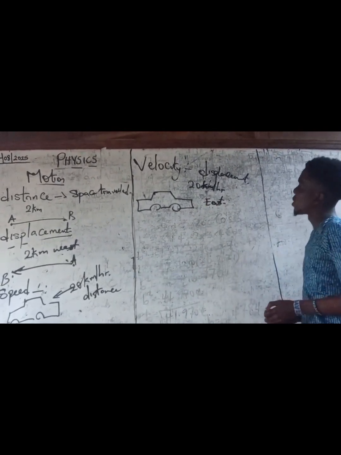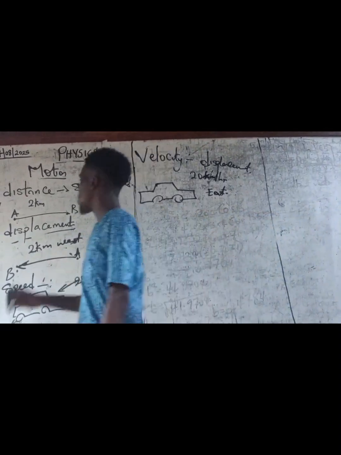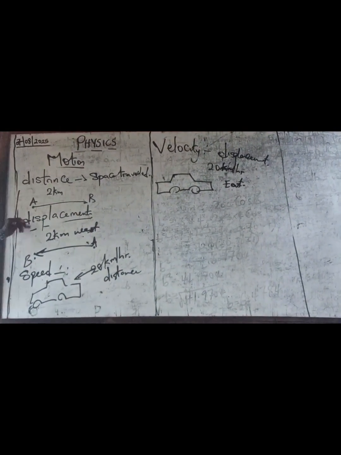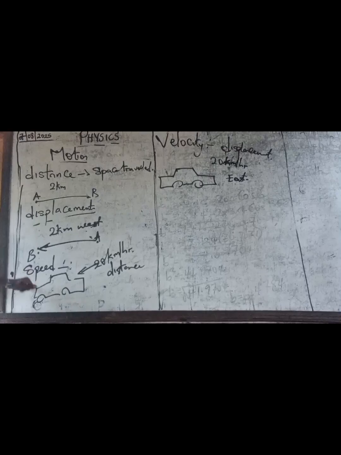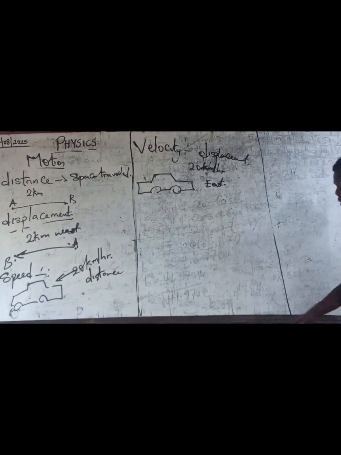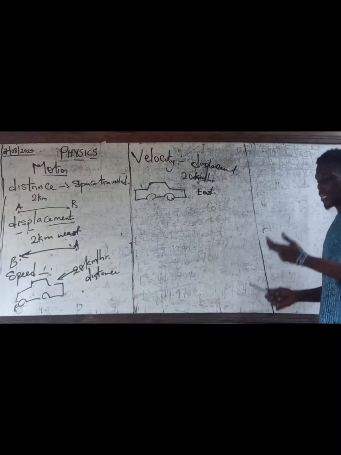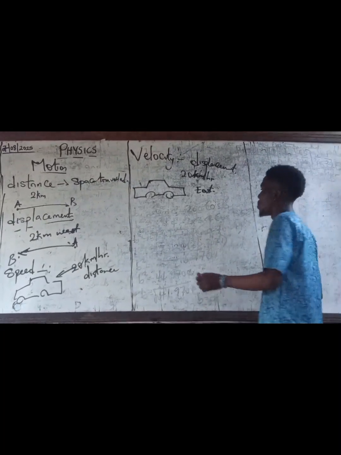Why is this velocity? Because direction is specified. Distance is a scalar quantity, displacement is a vector quantity, speed is a scalar quantity, and velocity is a vector quantity.